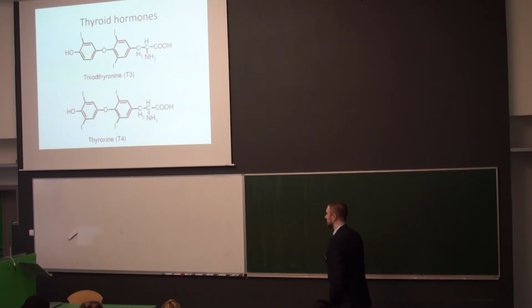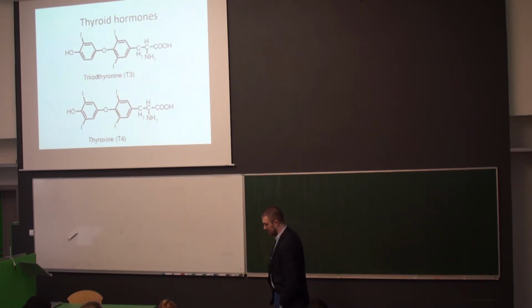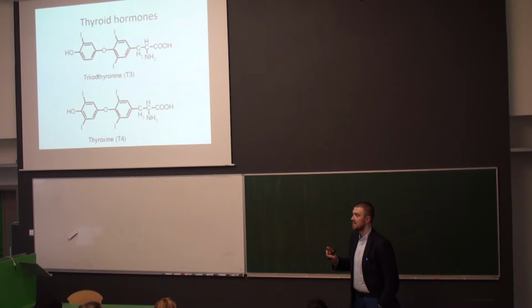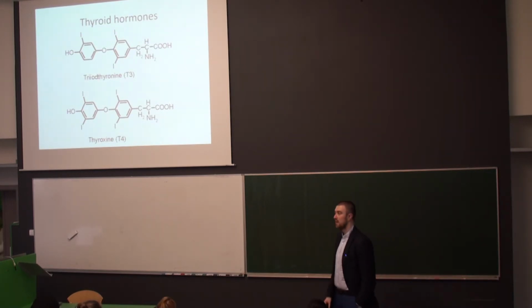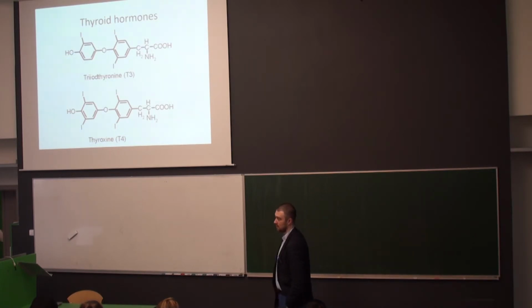That means that for synthesis of one thyroid hormone, you need 2 molecules of tyrosine, you need iodine, and third important thing is that here you still have the carboxy group. And therefore it's not a biogenic amine.